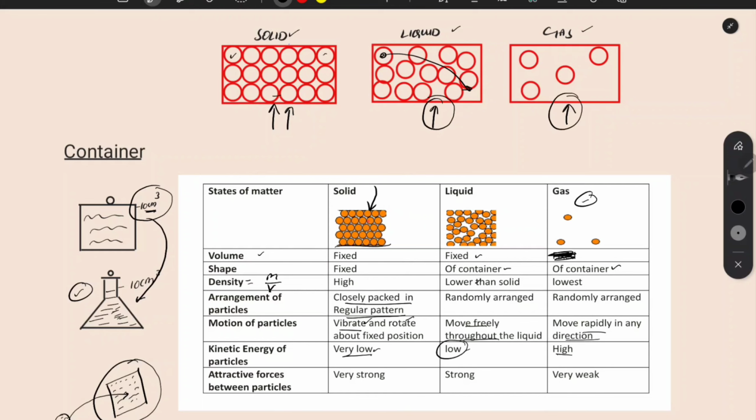And as you can guess easily, in the gaseous state of matter, the forces of attraction are very weak. So you can see that the forces of attraction in the particles of solids are very strong, then strong for liquids as compared to gases, and in gases the forces are very weak.